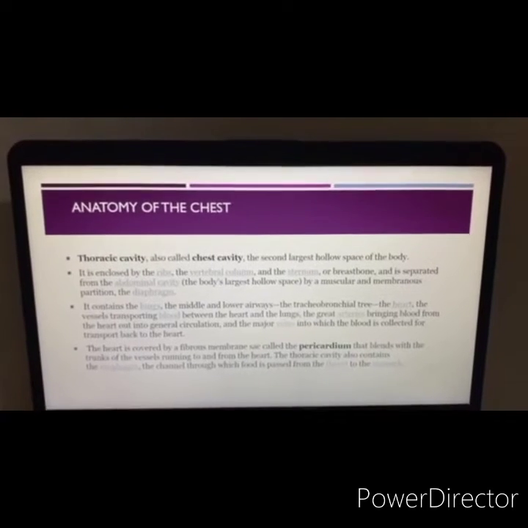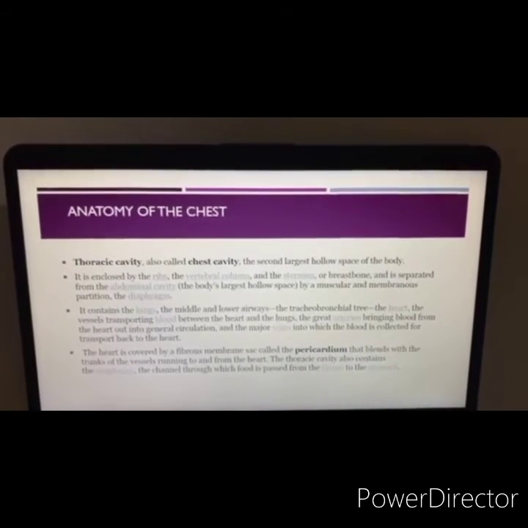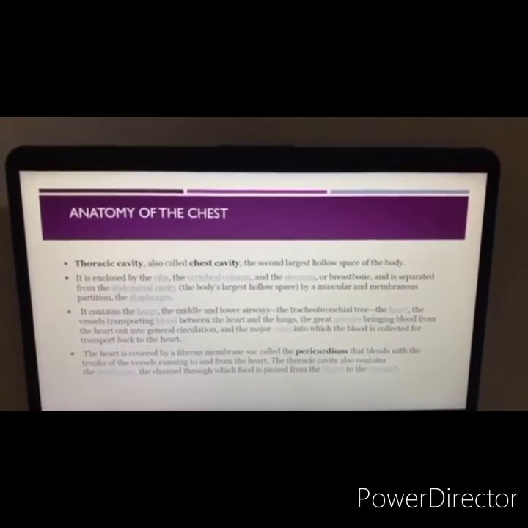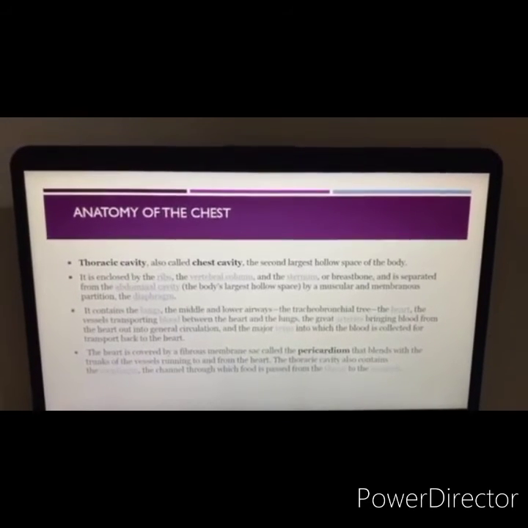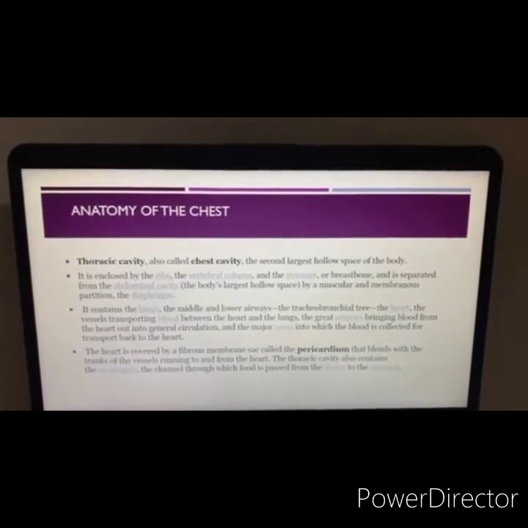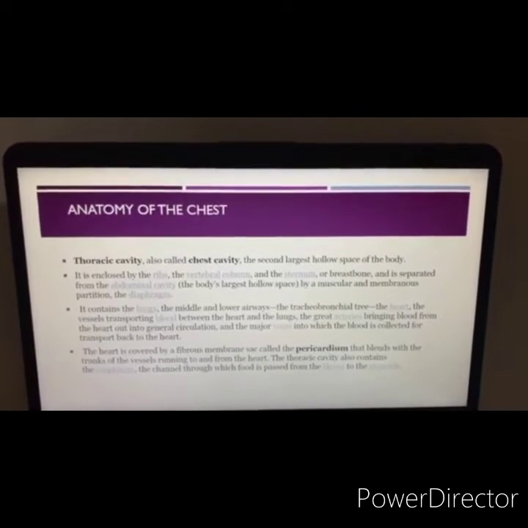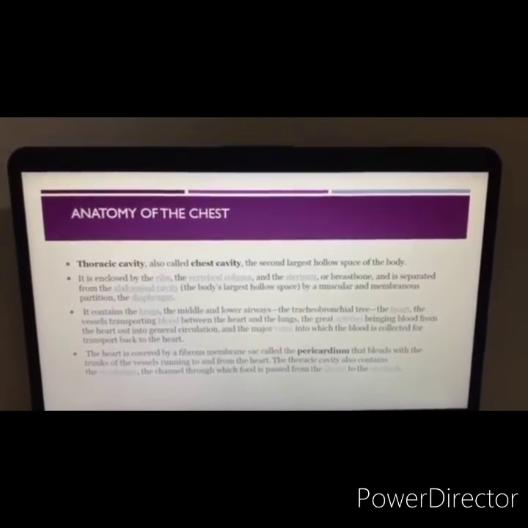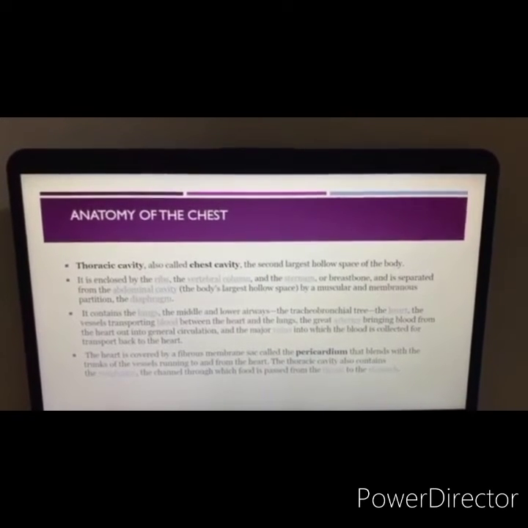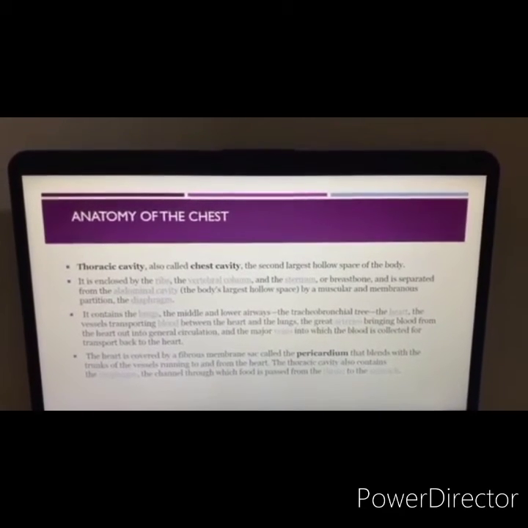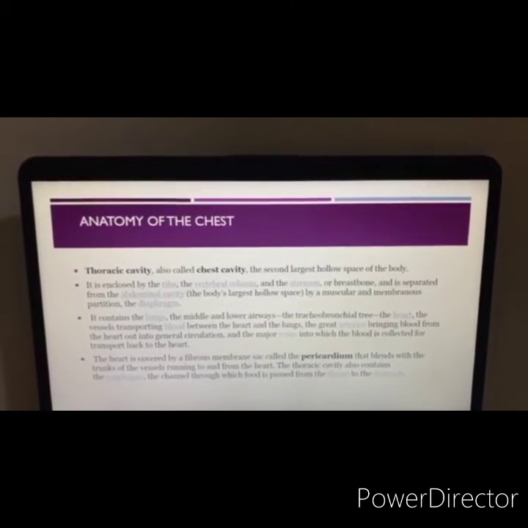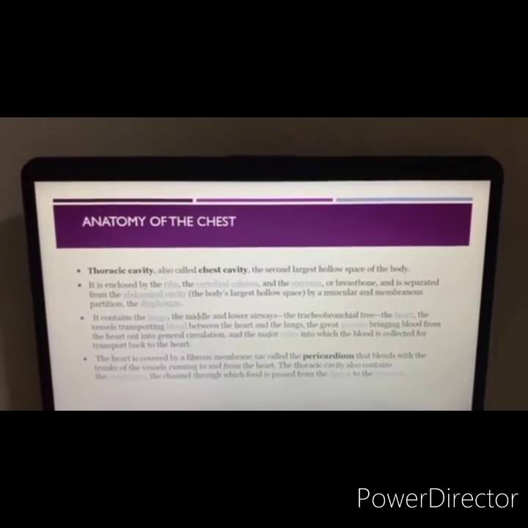It contains the lungs in the middle and lower airways, the tracheobronchial tree, the heart, the vessels transporting blood between the heart and the lungs, the great arteries bringing blood from the heart out into general circulation, and major veins into which the blood is collected for transport back to the heart.